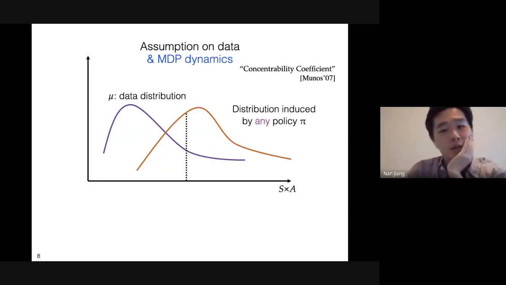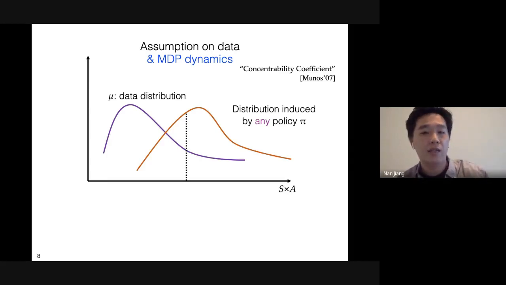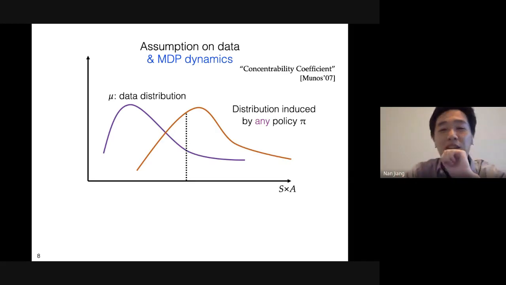Okay. So I think what this lower bound really tells you is that this assumption of low concentrability coefficient is not really just about data. It's as much about data as it is about the MDP itself.